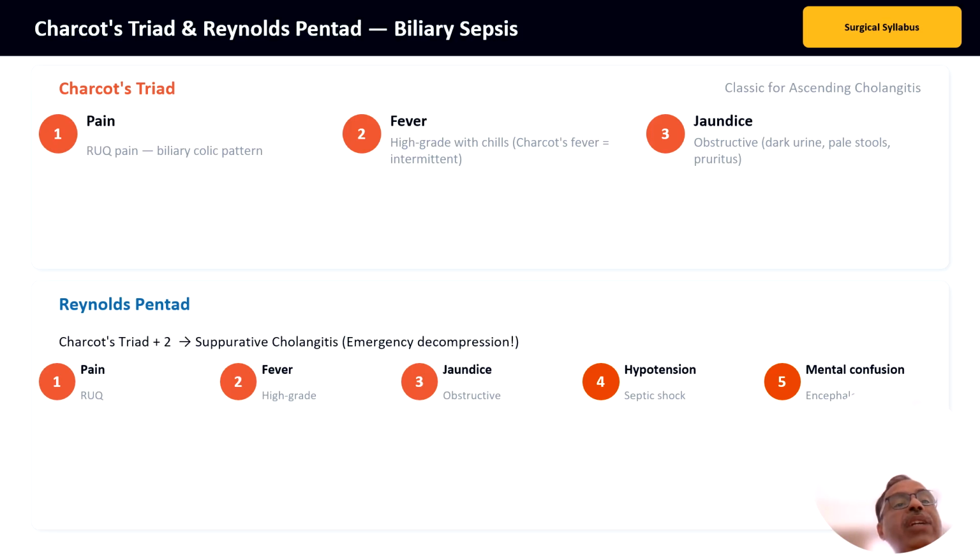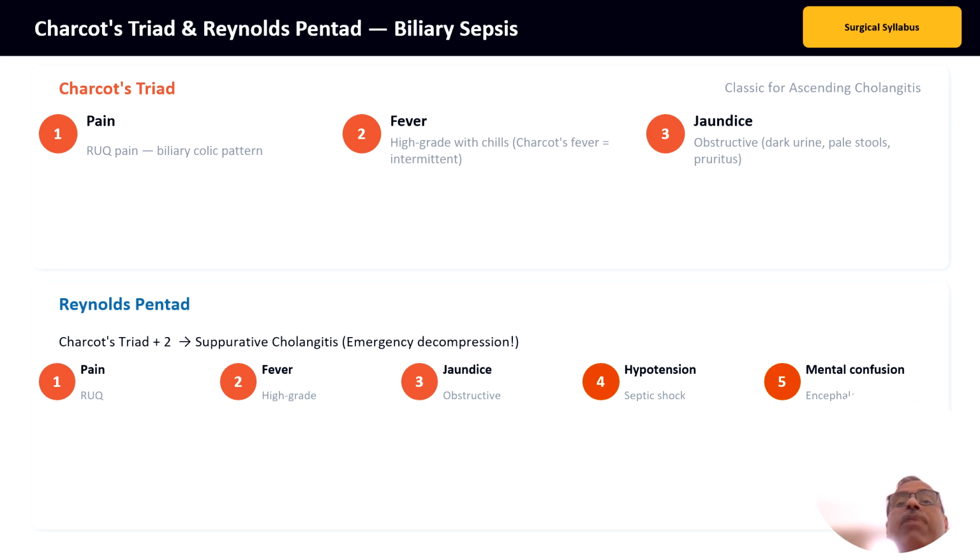So in Reynolds pentad, we have pain, again in the right upper quadrant, mostly colicky pain, fever, which is high grade intermittent fever with chills and rigors, obstructive jaundice features, and on top of that, the patient has hypotension and mental confusion suggestive of sepsis.